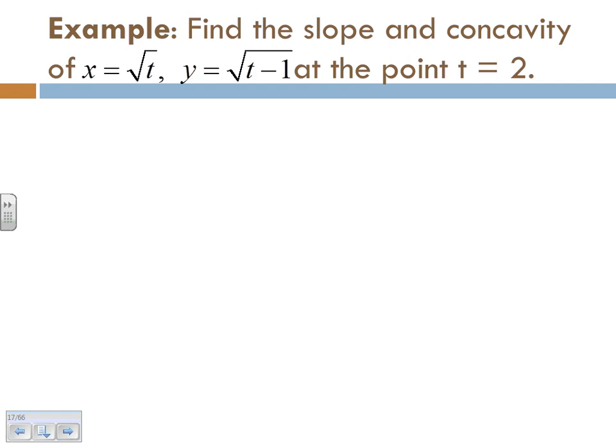Now it says, find the slope and the concavity for that set of parametric equations when t is 2. So to find the slope, I'd plug 2 into the first derivative, and to find concavity, I'd plug it into the second derivative. Go for it. Again, I always like to do my dx dt and dy dt first because a lot of times you use those components.